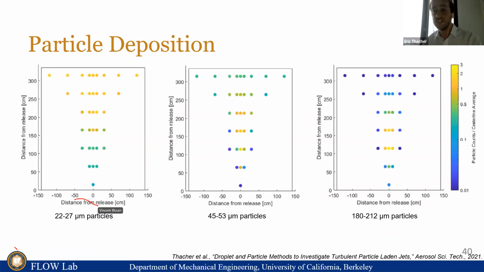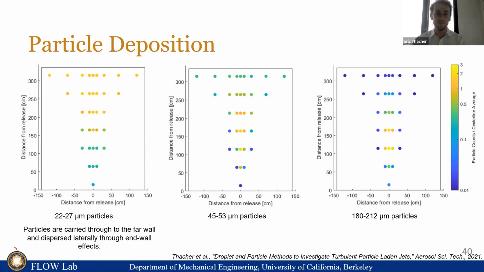So again, I mentioned we ejected 3 different particle sizes. The key here is that they all deposit in the room differently. The smallest particle sizes are carried through to the far wall and dispersed laterally because they experience end-wall effects.